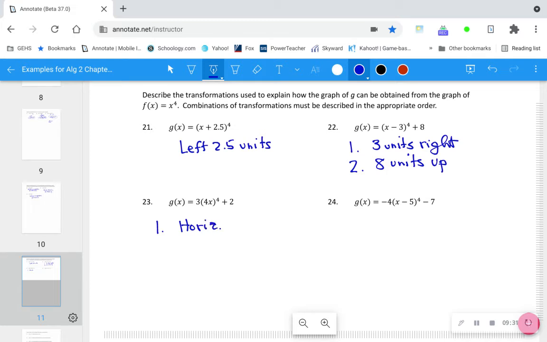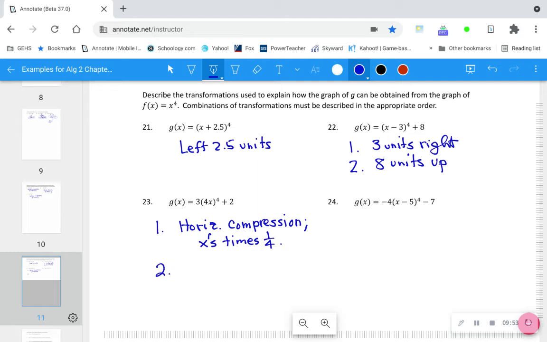Multiplying by 4 actually ends up multiplying all the x's by 1/4, which will make it a compression. All those x's are times 1/4, so they're coming in closer to the center.